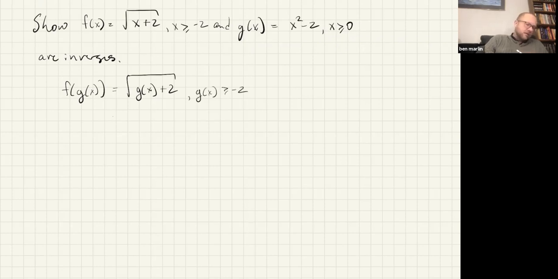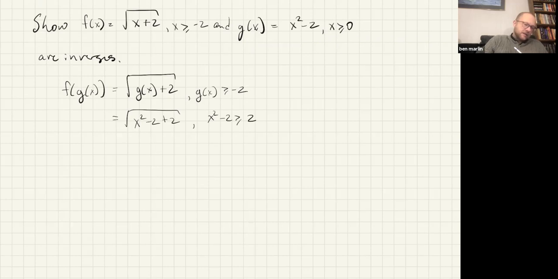And then I'll go in and say, well, g of x really means x squared minus 2, but then I'll have to have a plus 2. And this part here about x squared minus 2 needs to be greater than or equal to -2.